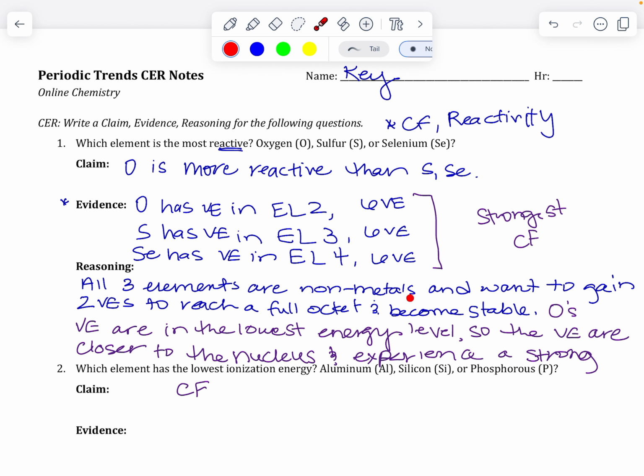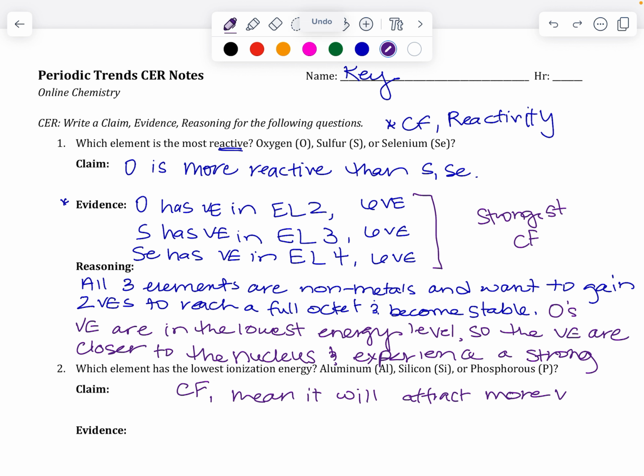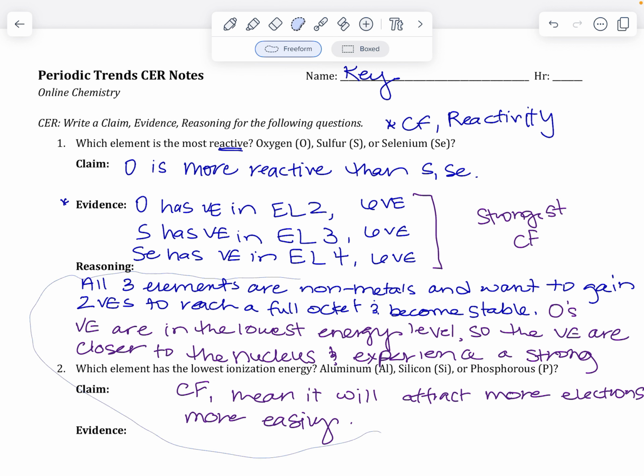Relating this back to that definition of what these want to happen, that means it's going to be able to gain or attract those valence electrons more easily. So Coulombic force, meaning it will attract more electrons, let's say, more easily. Your wording on that doesn't have to be the exact same.